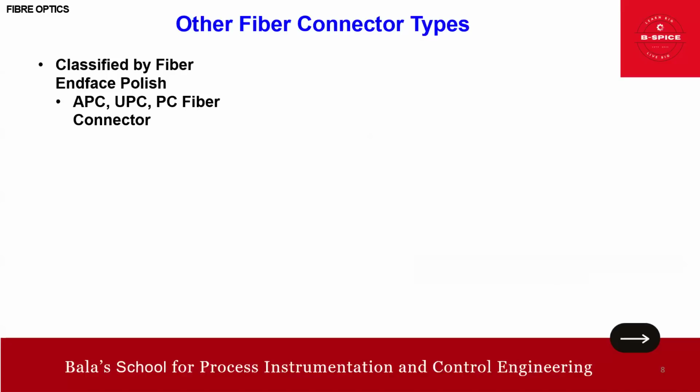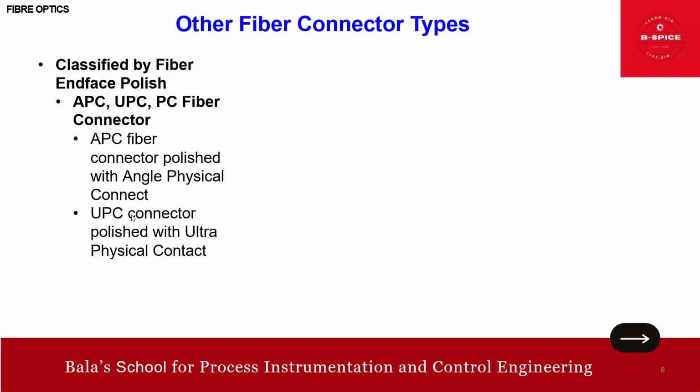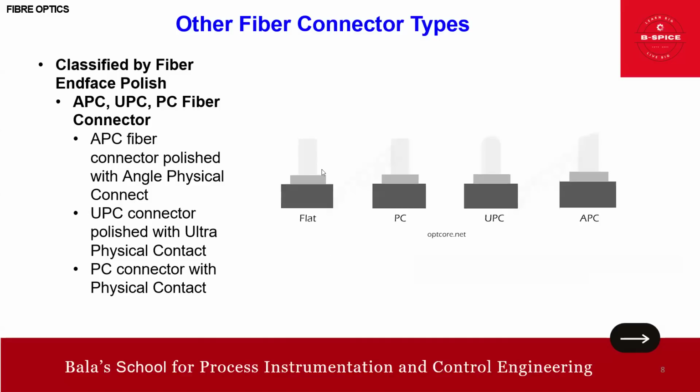Then classification by polish, or polishing. There are three types: APC, UPC, and PC. So what is APC? APC fiber connectors are polished with angle physical contact. APC means angle physical contact. UPC means ultra physical contact. PC means physical contact. As you can see here, this is flat, so this is your PC.